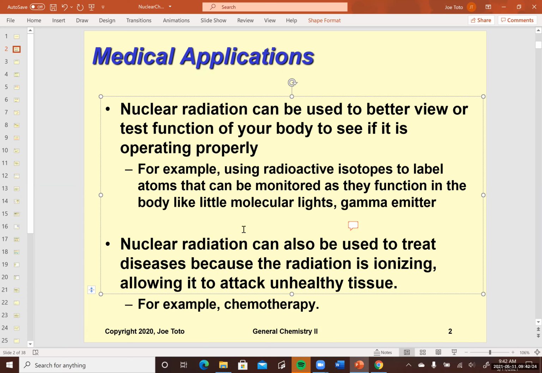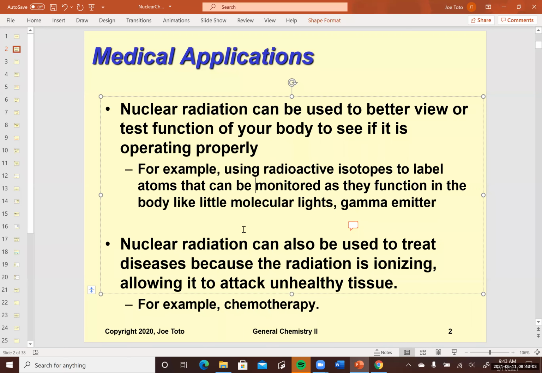So if you have an atom that gives this particular energy off in the form of light, then you can imagine that if it's ingested into a biological organism, you can follow it as it flows through the body. And this could point to maybe dysfunction if you compare it to someone who is healthy and someone who's not. So it can literally shed light on any medical problems from the inside.